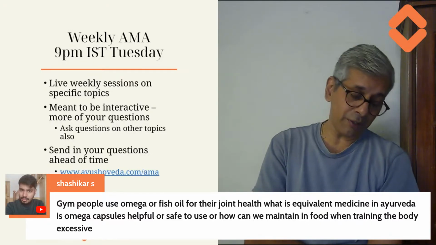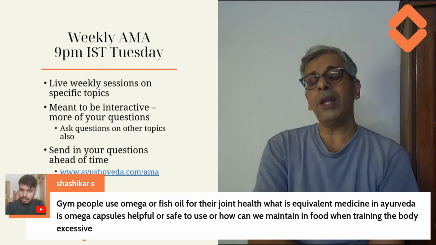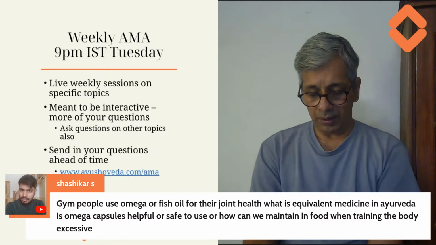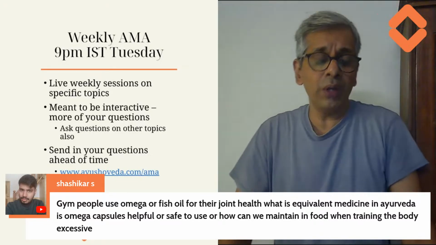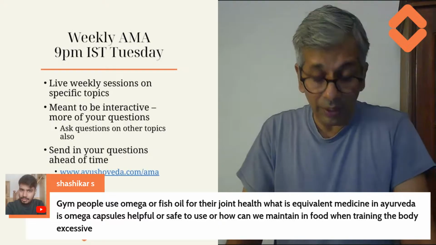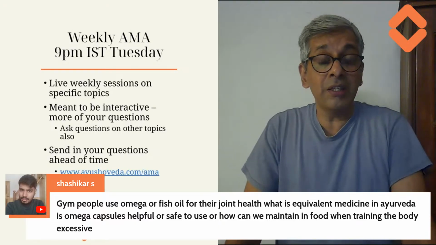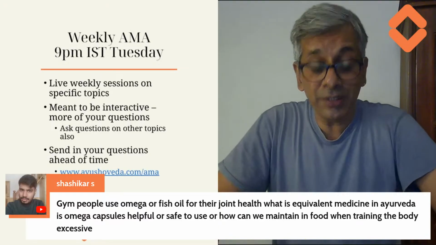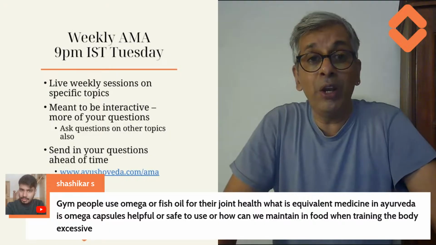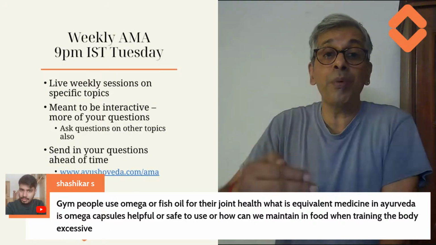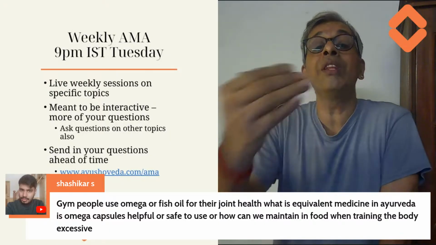Shashikar, if you go through the textbook of Ashtanga Hridaya, while explaining vyayama or exercise, he says that you have to use only half your strength. All those things have been told, and one thing he says very clearly is snigdha bhojana: a person who takes food mixed with snigdha, which can be oil or ghee, not somebody who takes dry food. Most people avoid fat while doing exercises because their only purpose is weight loss, or they start exercise only when they are overweight.